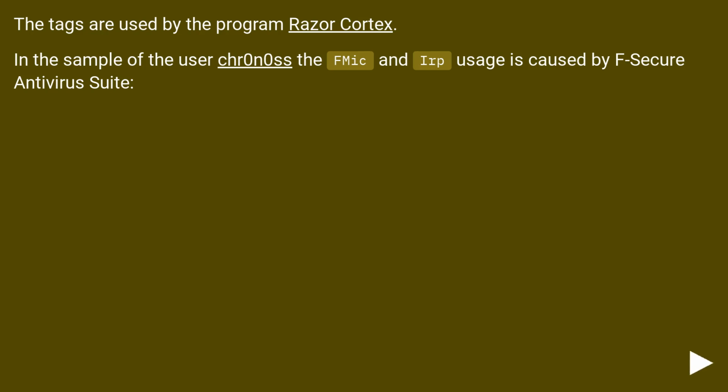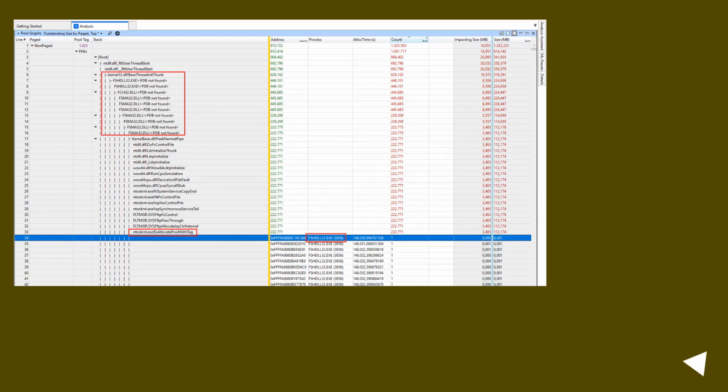In the sample of the user CHR0N0SS, the FMic and ERP usage is caused by F-Secure antivirus suite. Removing it and using Windows Defender fixed the issue for him.